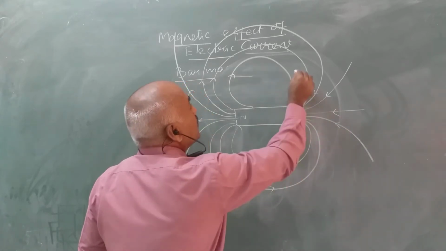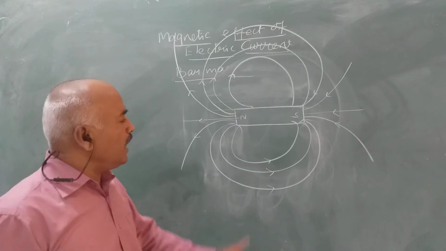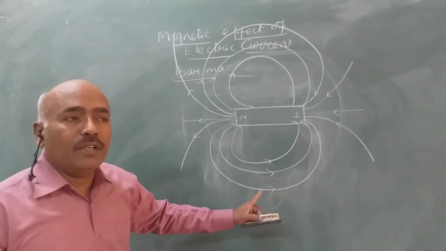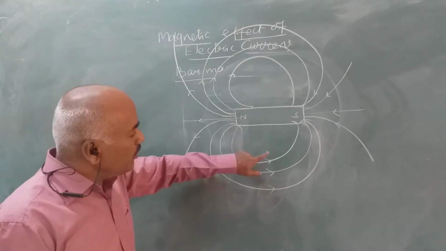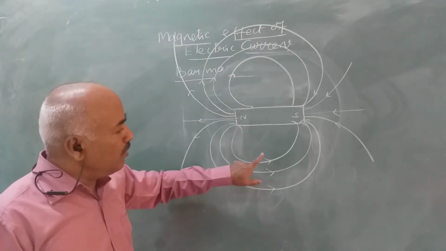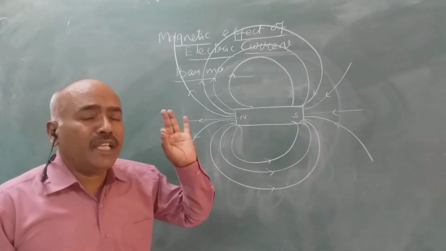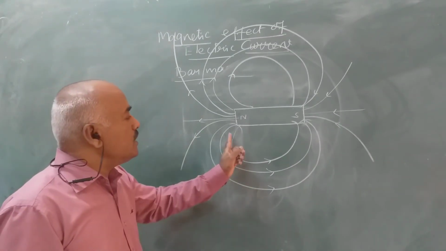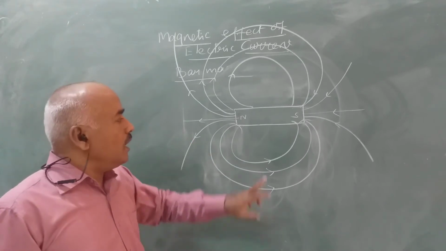In this chapter, the direction of lines is very important. While drawing this magnetic field pattern, we draw all the lines. Here it appears that the lines are parallel, but in actual fact these field lines are not parallel to each other.